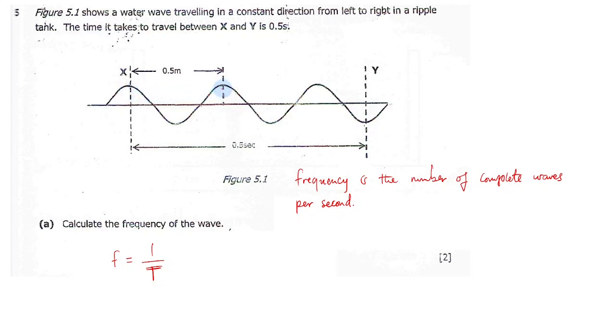We have 1, 2, so 1 from here, then 2. Then from here up to somewhere there, from here to there is as good as from there to there.